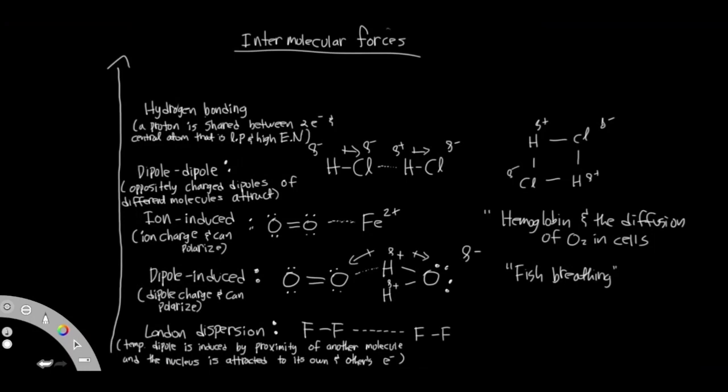Now, in order for hydrogen bonding to display these characteristics, best thing to do is, first let's look at an example. Let's have a look at H2O. And let's have another H2O over here. And another H2O here.